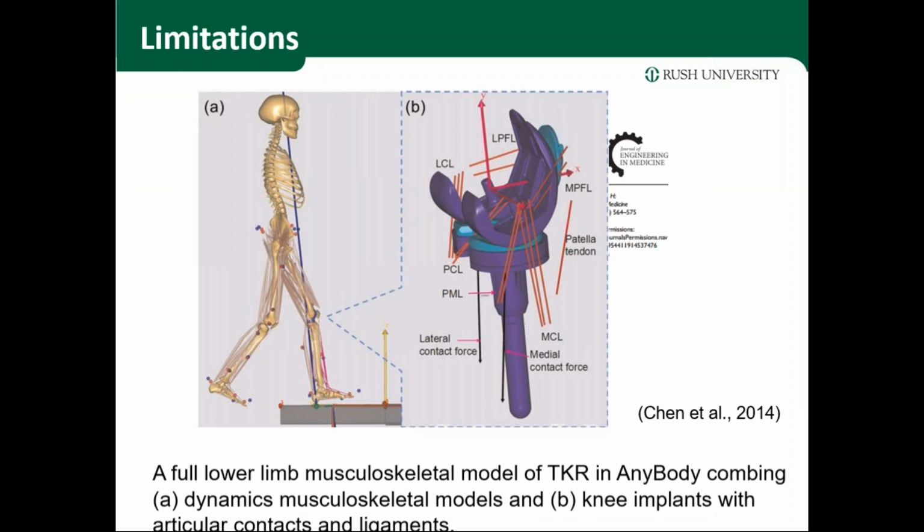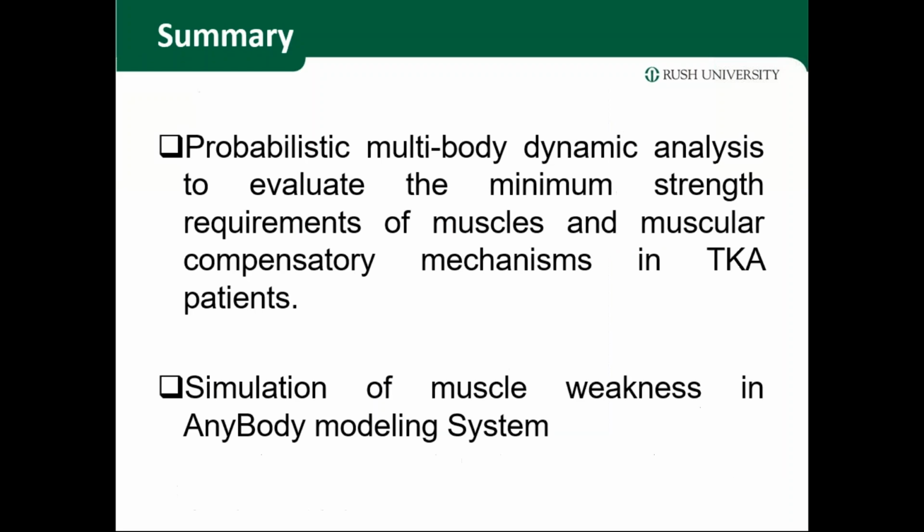Yeah, a very quick overview. Probabilistic multi-body dynamic analysis was used to evaluate the minimum strength requirement of muscles, quantify the minimum strength requirement, and then quantify how the muscular system responds to muscle weakness.